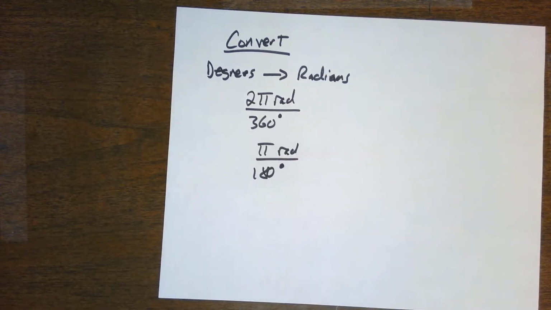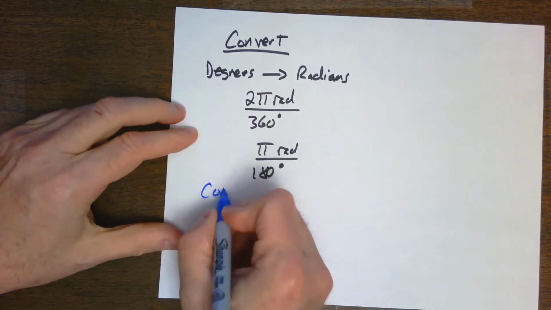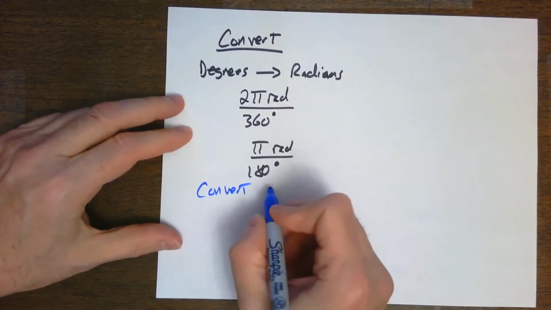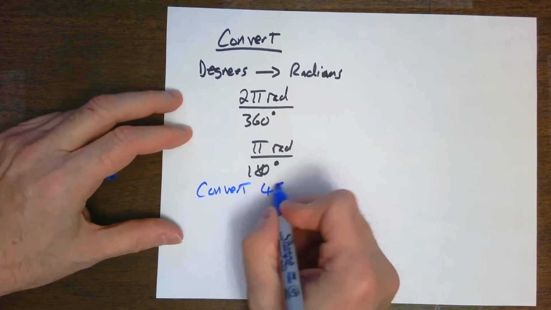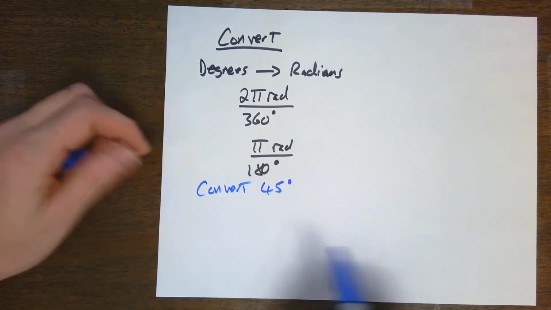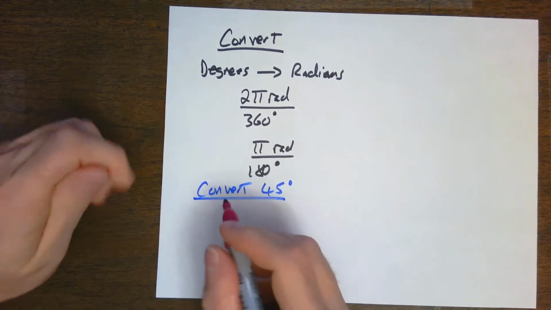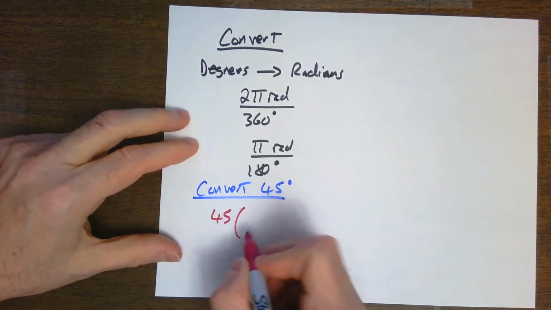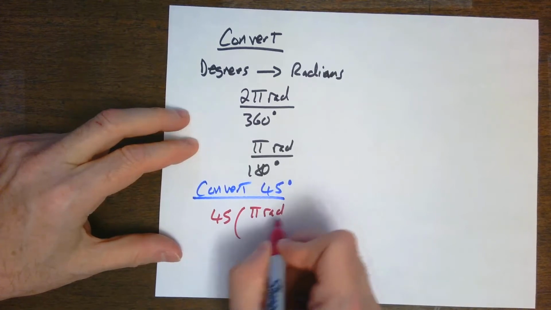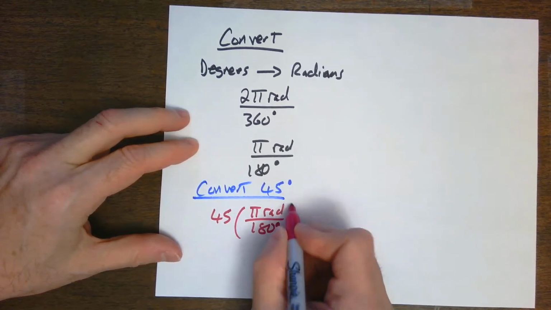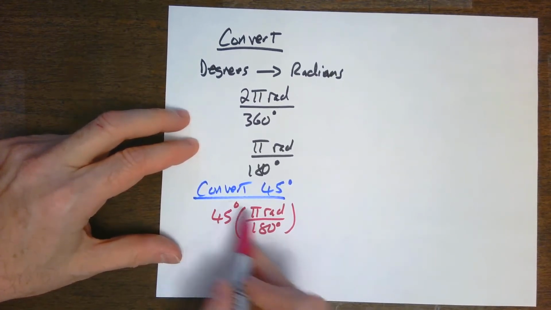For example, let's say I want to convert 45 degrees to radians. All right, so I'm going to take 45 degrees times pi radians over 180 degrees. Notice the degrees are going to cancel.